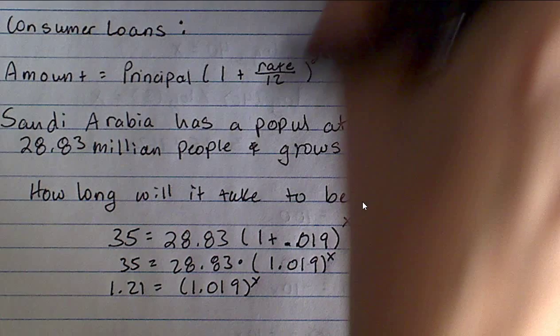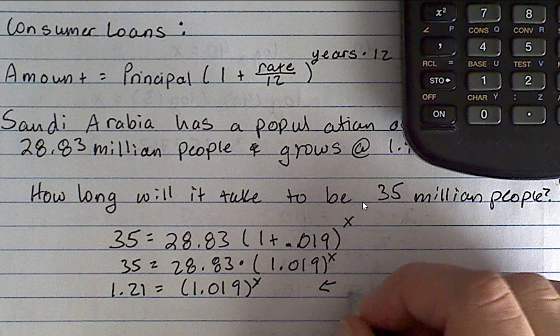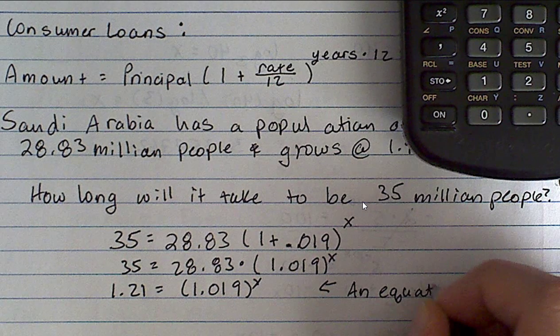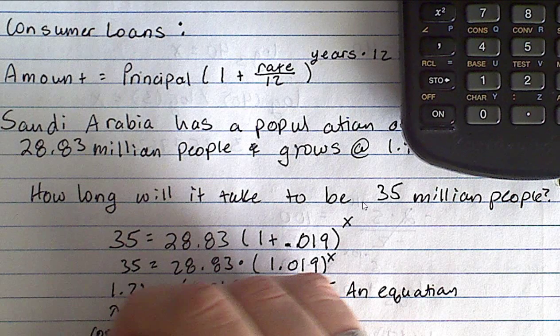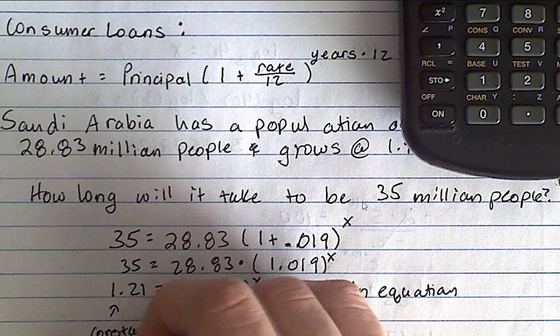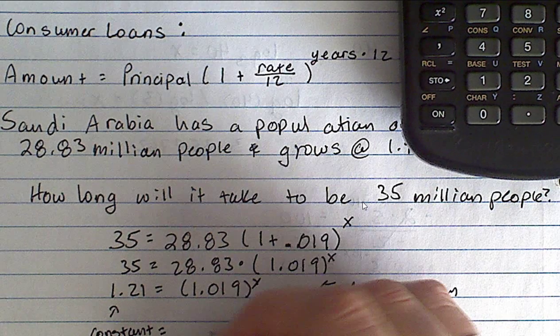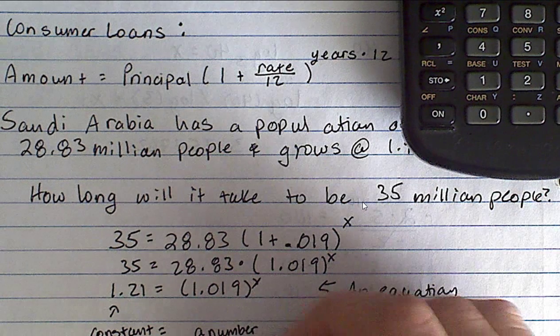Now, at this point, this is an equation where you have a constant that's equal to a number to an exponent.